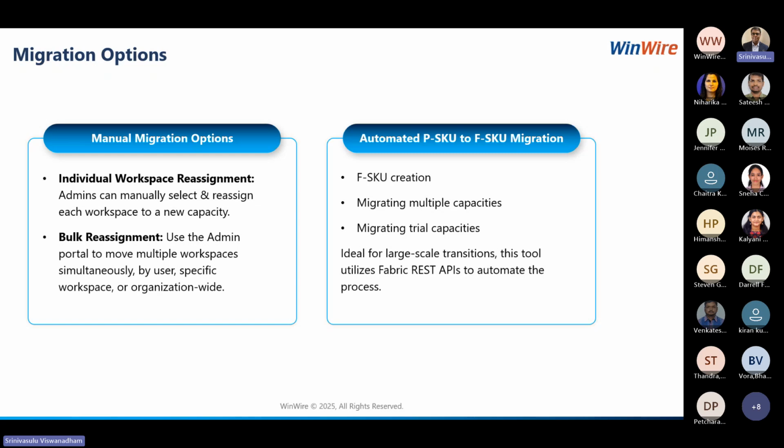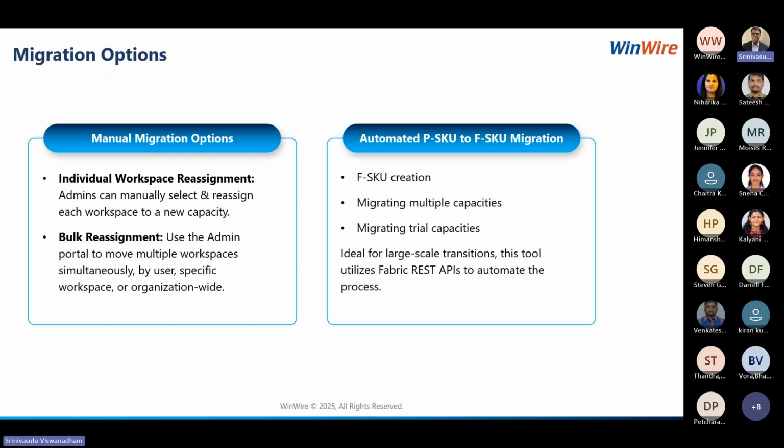Now, for the manual migration, let's say you have an enterprise with Power BI workspaces, around 5 or maybe 10 workspaces, connecting to a P1 capacity. Then you can go ahead and change each and every workspace, pointing from the P-SKU to the Fabric SKU, which is an admin activity, and start reassigning.